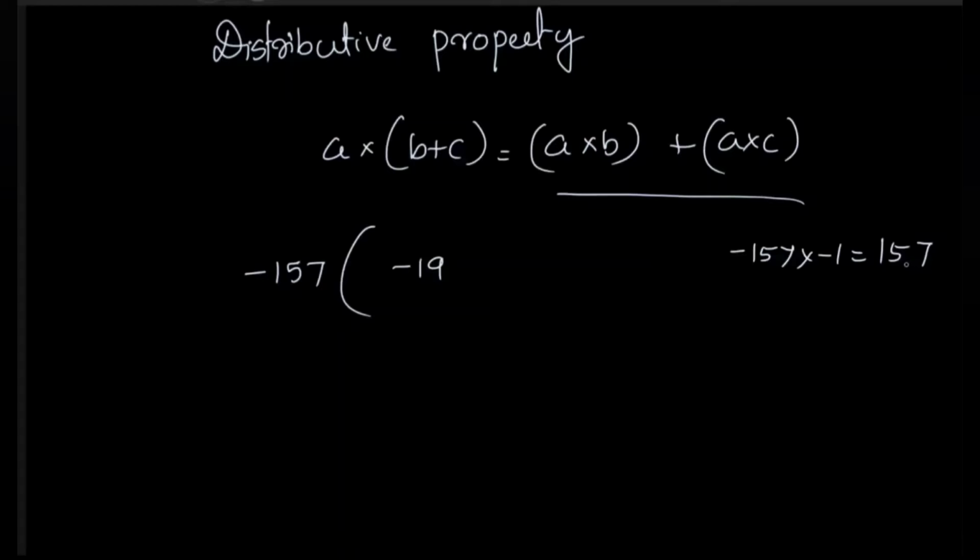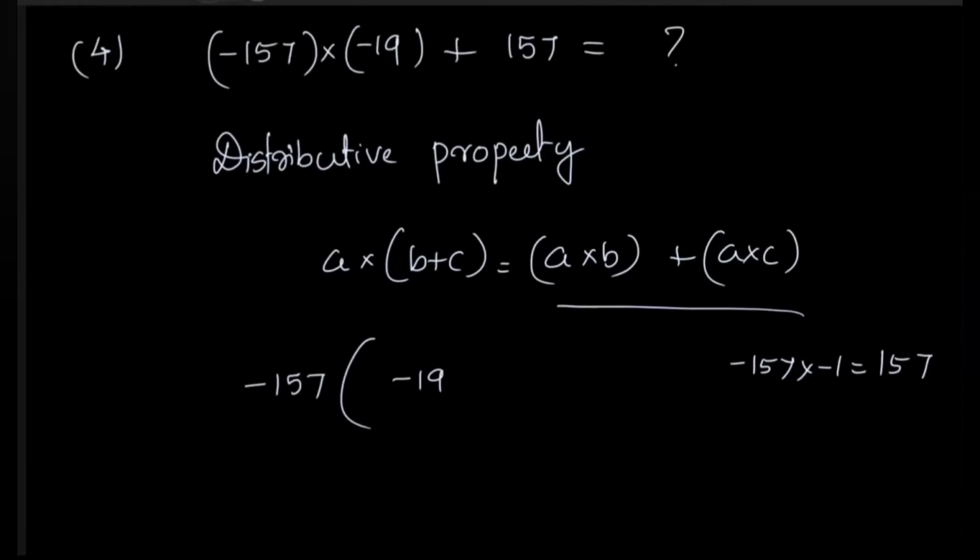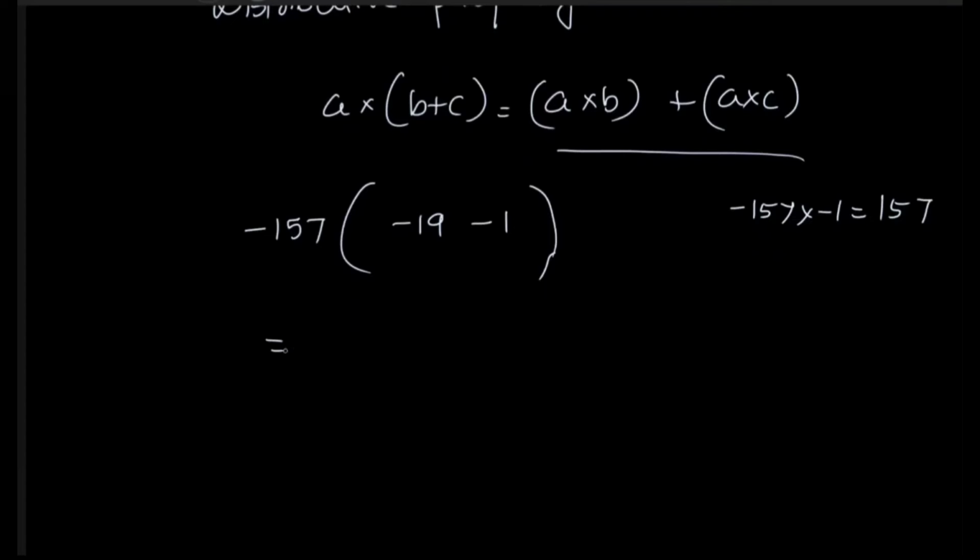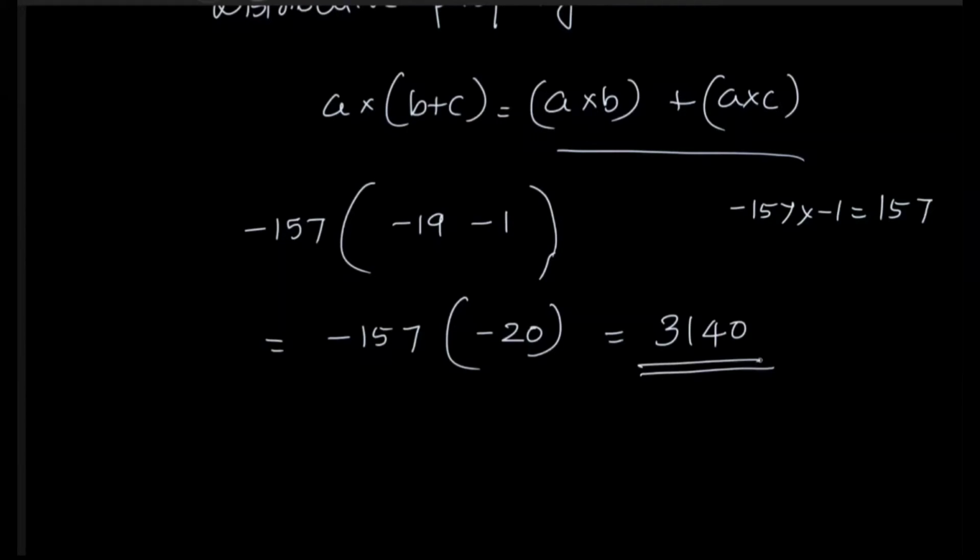In order to get 157 as the second term, we have to multiply negative 157 with negative 1; then only we get positive 157. So inside the bracket we write negative 1, and it is equal to negative 157 into negative 10. And this is the easiest way of multiplying big numbers: apply the distributive property and then multiply.